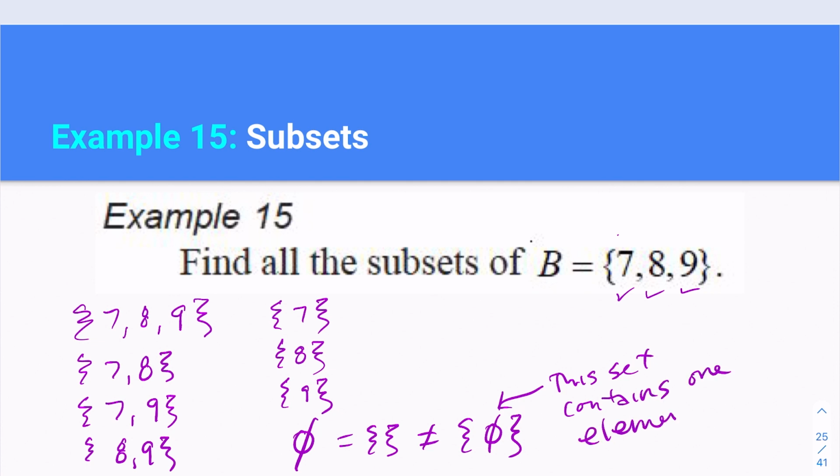So that should help you to see why this is not equal to the null set or empty braces. And let's use our formula again. So since we can either include the 7 in our subset or not, again, 8 either include or not, 9 include or not, we have 2 to the third or 8 total subsets.